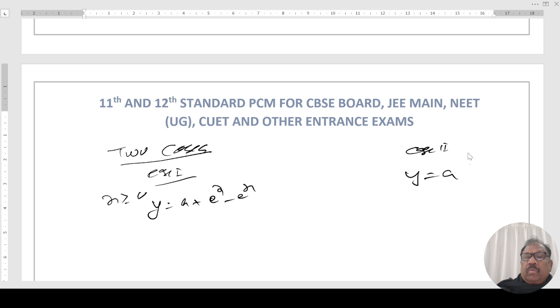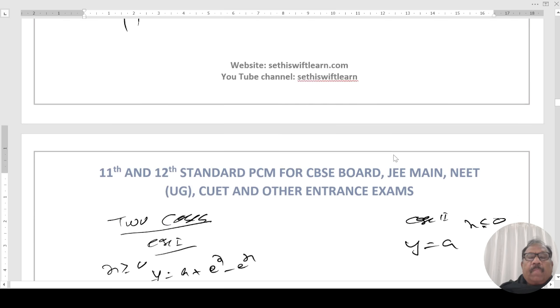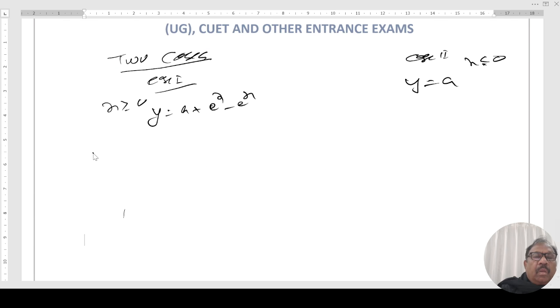And y equals a when x is less than 0. These are the two cases. Now to plot it, at x equal to 0, y equals a plus 1 minus 1, that is a. So the point will be (0, a).